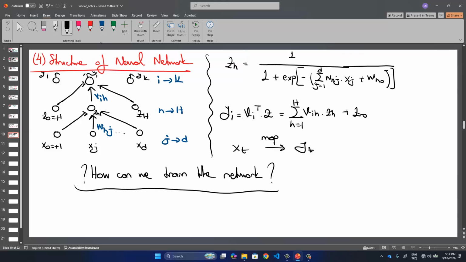In the first place, we have an answer, the output. In order to train the network, we distribute the error to the back, to the beginning point. That's it. This is called backpropagation.